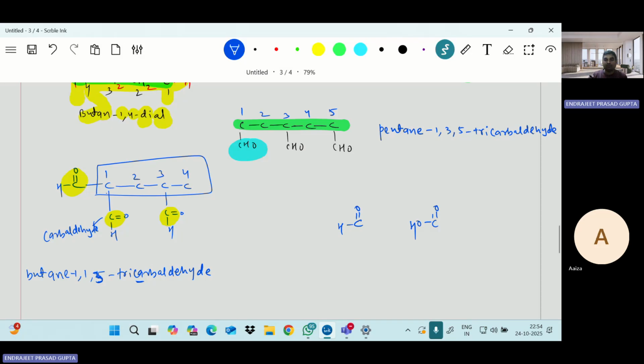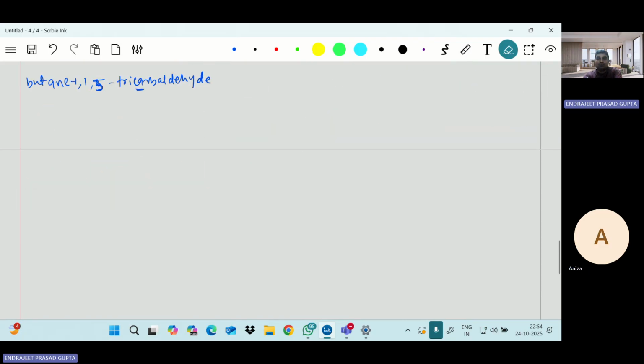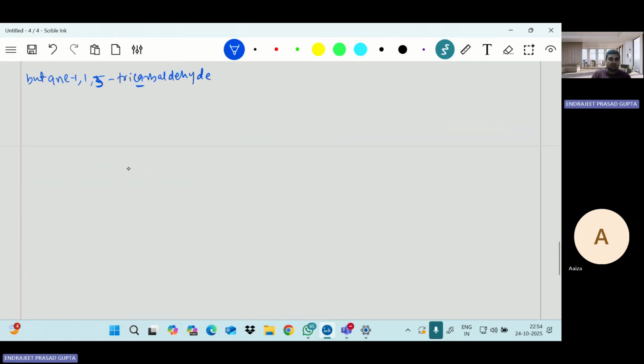You can't find this terminal functional group in the middle of the carbon chain, because the carbon already has three valencies, and the fourth valency will be attached to the next carbon. Okay, so this is the terminal functional group. The same way you can do for the ketone. This ketone is not a terminal functional group. You can shift it. You can write ketone here, and you can also write ketone here.